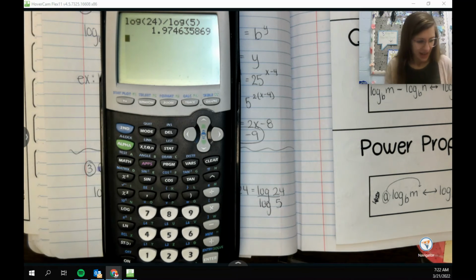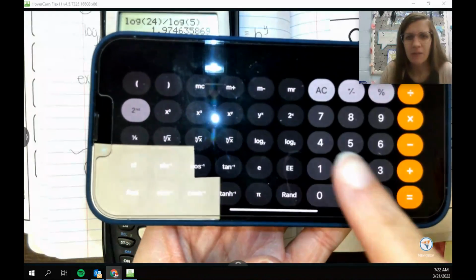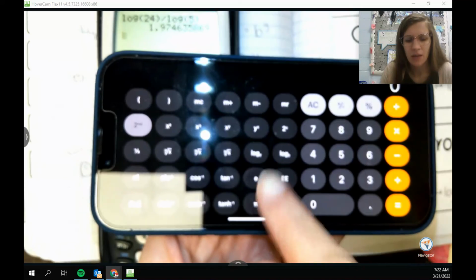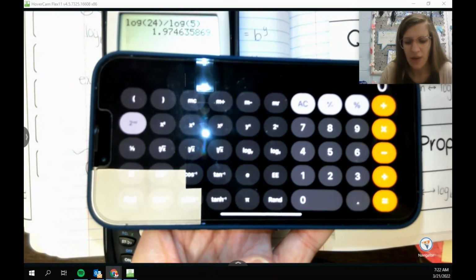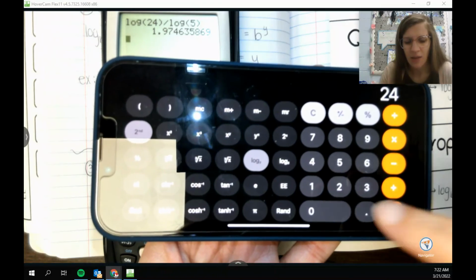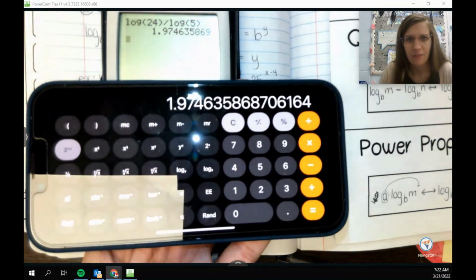And just because I can't stand it, I'm going to do it on my phone as well. It's so much faster. It is a little funky, I guess, because we have to type it in backwards. But if I hit that second button, my log base, whatever I want it to be, comes up. So I would do 24 log, and then pick my base, and I get the same thing.